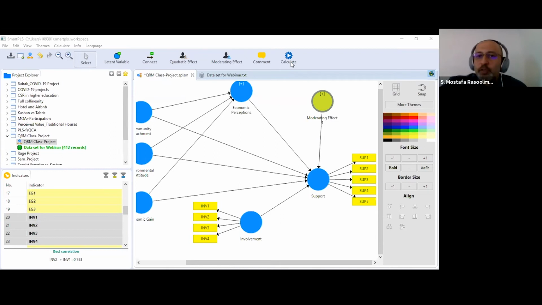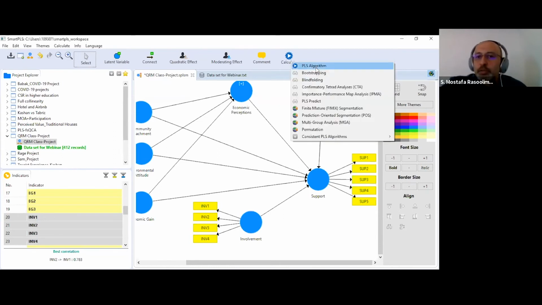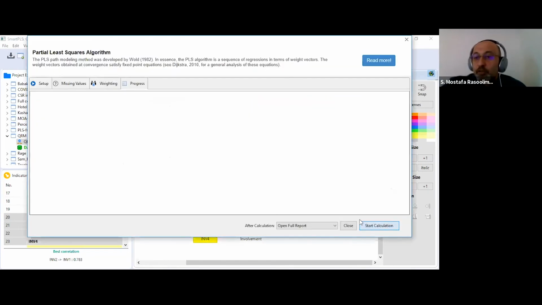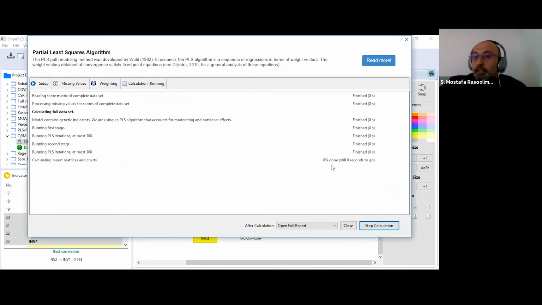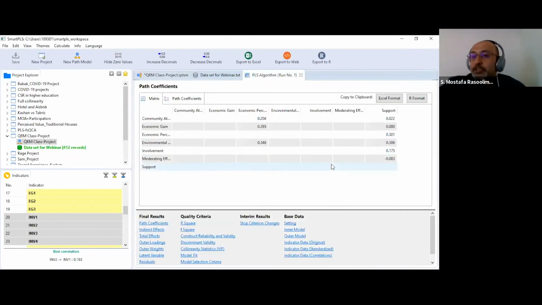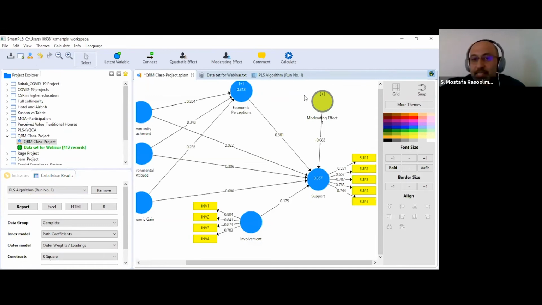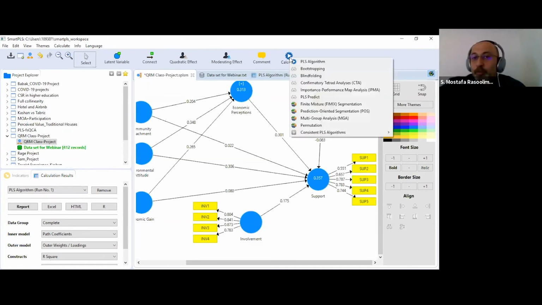To check this one, we have to run bootstrapping. First, we can run the PLS algorithm to see the result, to assess the measurement model and the original structural model if you want to assess, and for significance of this one.